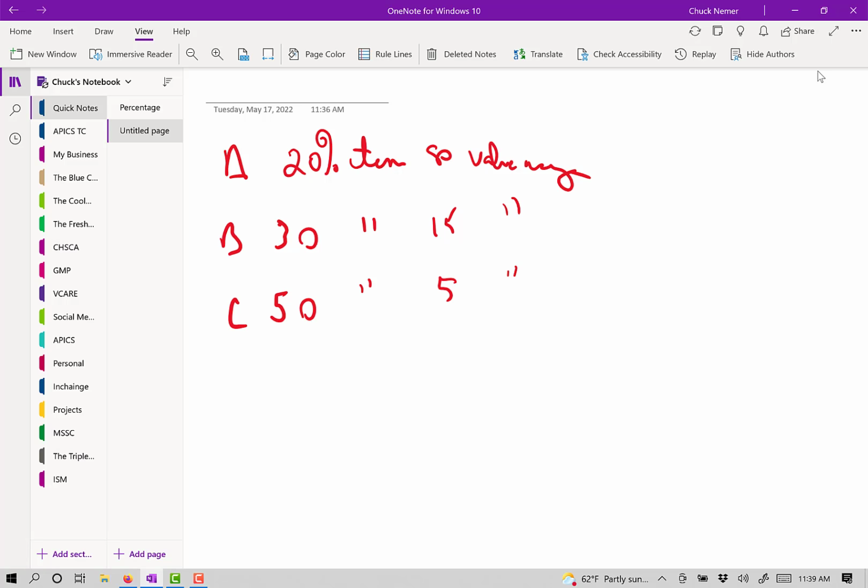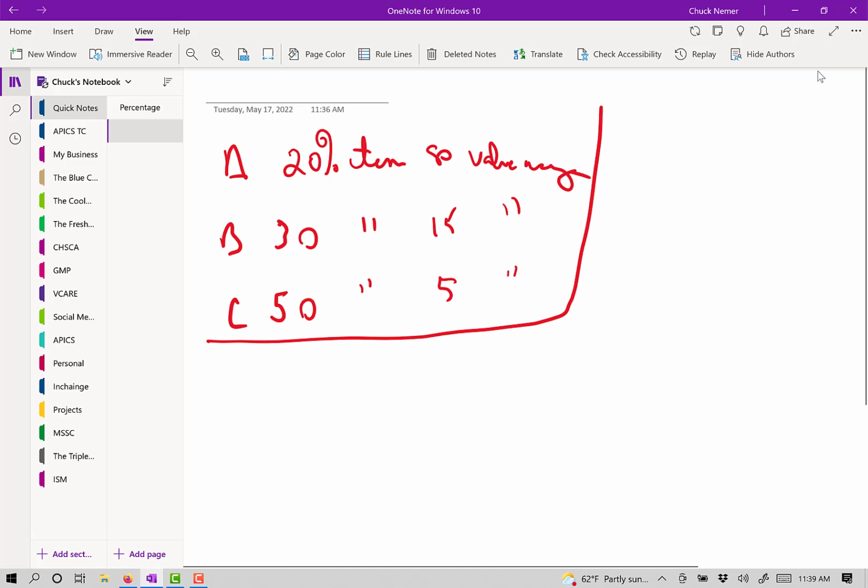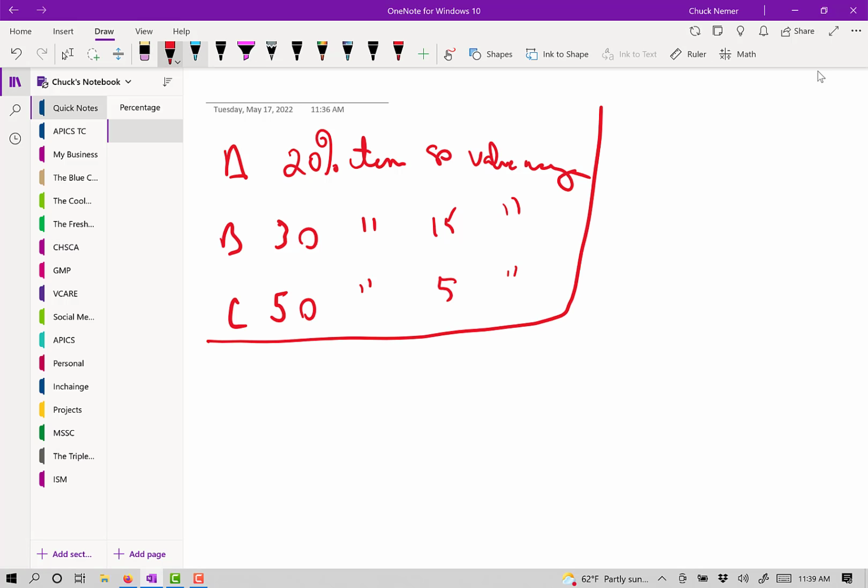least often. So let's say in our example, we have 10,000 items. A items would be 20% of those 10,000, or 2,000 of them, and those we're going to count the most, and let's say we're going to count them 12 times a year, so once a month, and I'm just making this up, so this is the frequency of counts.